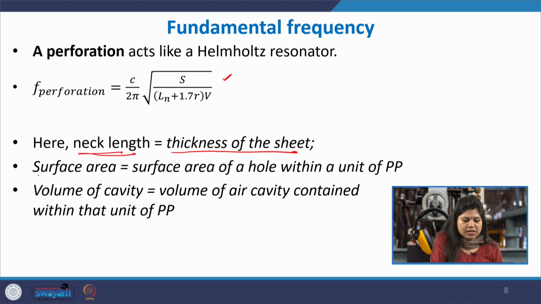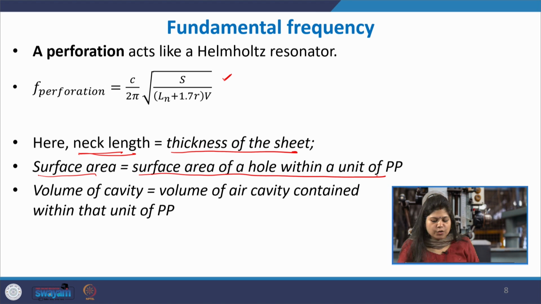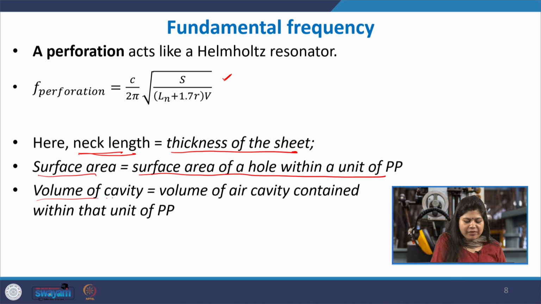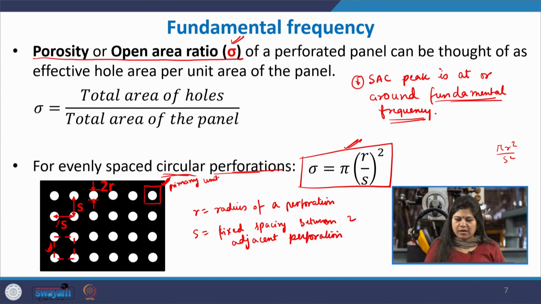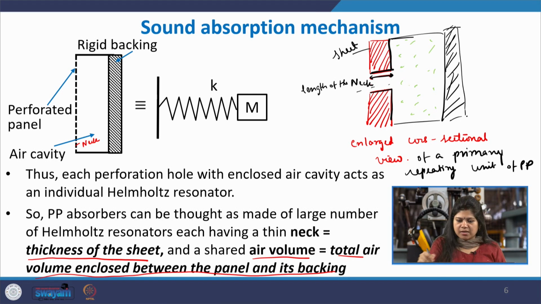So, the surface area of the neck would be the surface area of the hole within a single unit of PP or the perforated panel, and the volume of cavity is what? It is the volume of air cavity which is contained within that particular unit of the perforated panel, as already explained here with this kind of analogy.